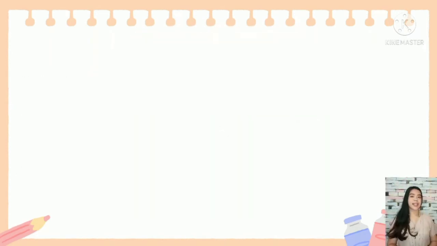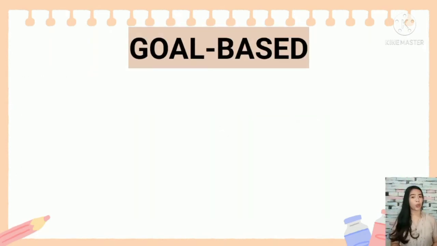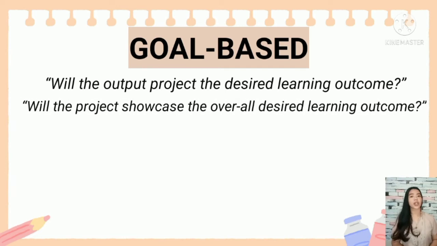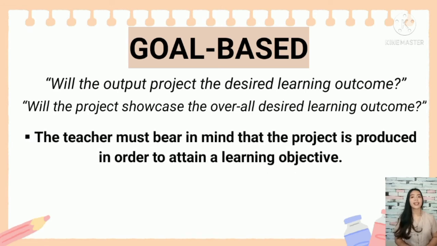And the last in task designing is goal-based, and it has two questions. The first question is, will the output project the desired learning outcome? And number two, will the project showcase the overall desired learning outcome? It means that the teacher must bear in mind that the project is produced in order to attain a learning objective.